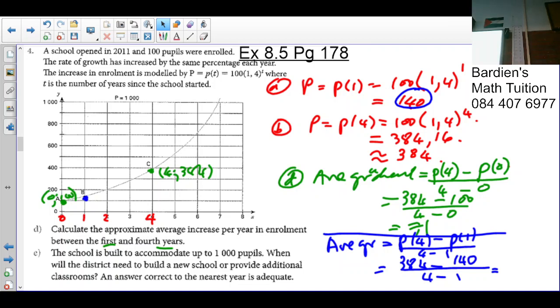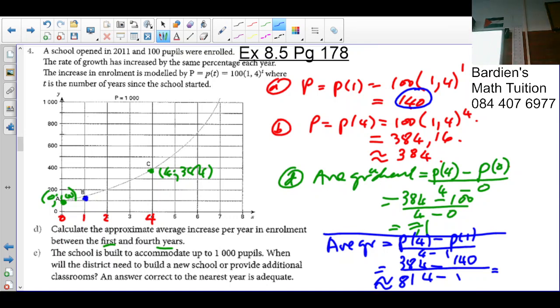So it's 384 minus 140 over 3. What's the answer? 81. So approximately 81 learners.